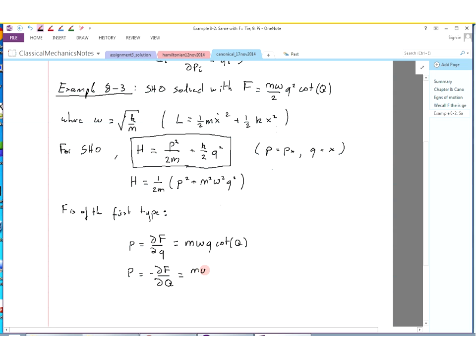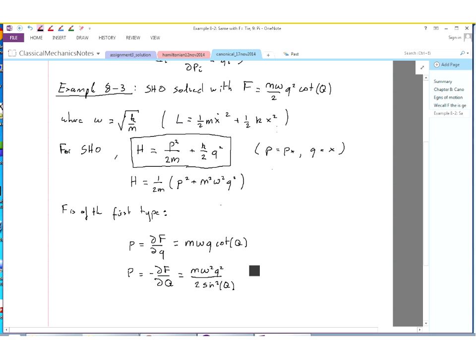And that's equal to m omega q squared over 2 sine squared of big Q. Right.